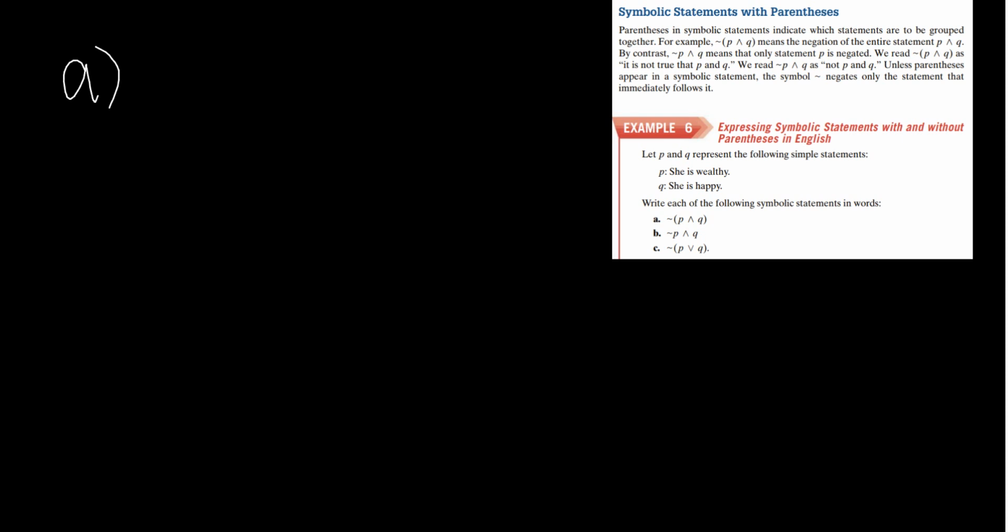Looking at example 6, we're going to let P and Q represent the following simple statements. P means that she is wealthy, and Q means that she is happy. In part A, we need to write each of the following symbolic statements in words. We have not (P and Q).